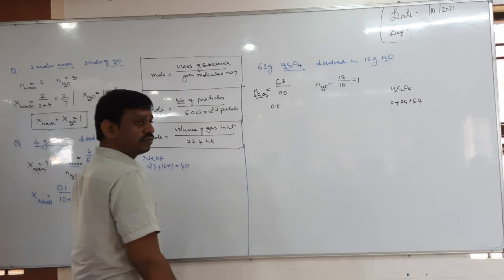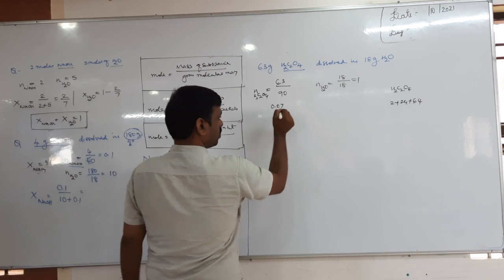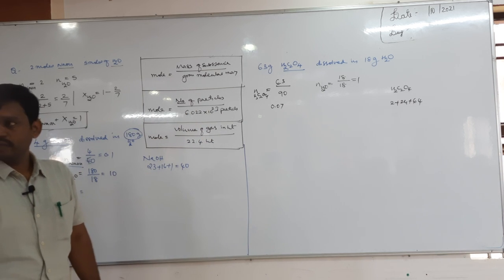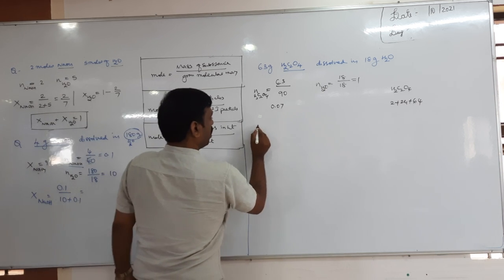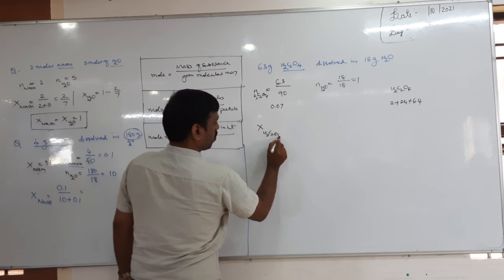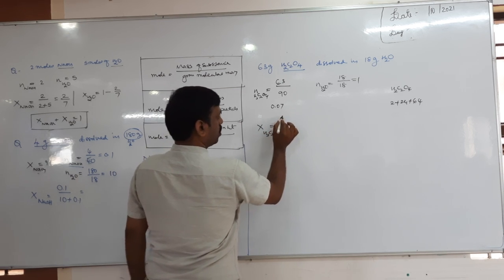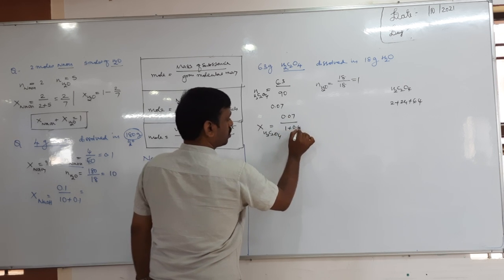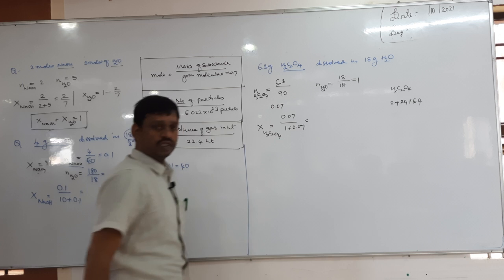Number of moles of oxalic acid is approximately 0.07. So the mole fraction of oxalic acid H2C2O4 equals 0.07 divided by 1 plus 0.07. You can get the answer.